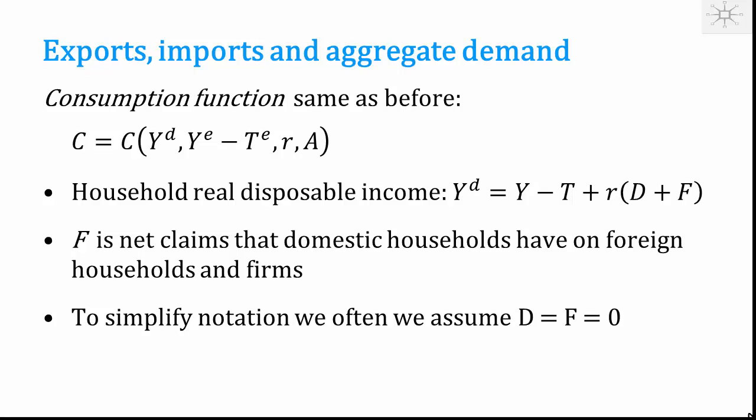And F is now the net claims on foreign households and firms that is held by domestic households. And often when we write our model, we just assume that D and F are zero. When they are not important for the analysis, we assume that they are zeros, so that the disposable income is just total GDP minus the taxes.